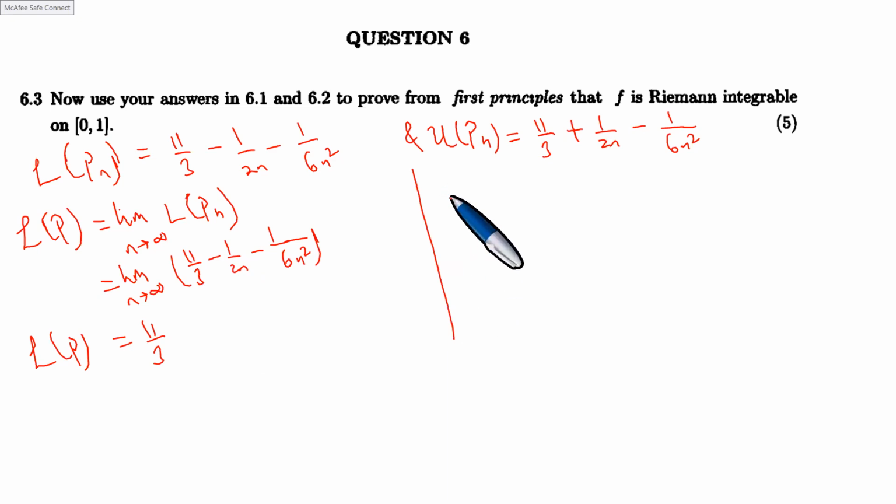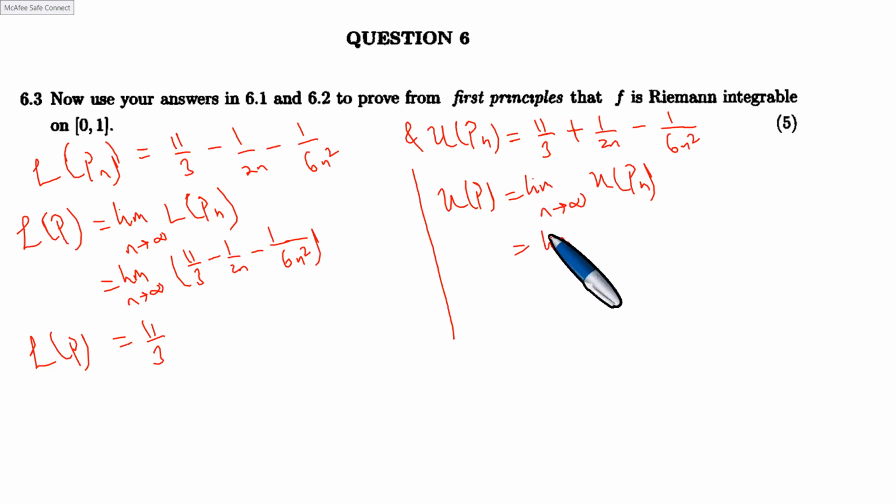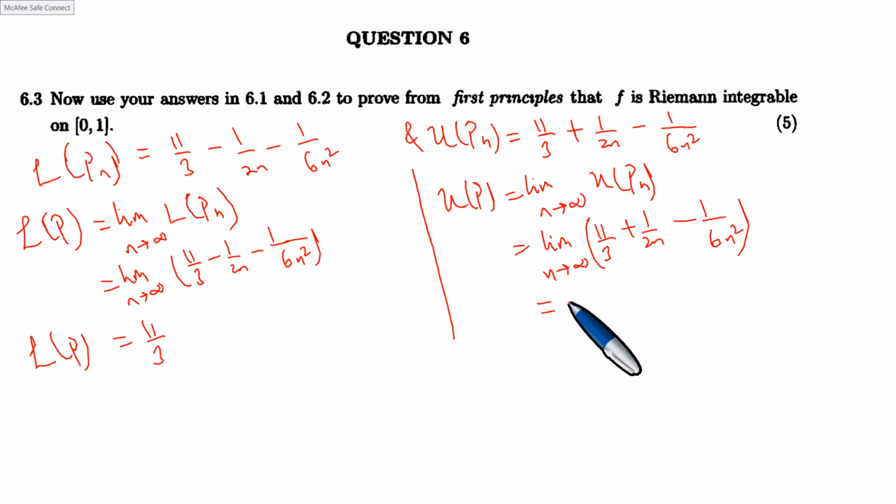But also we can write UP as the limit as n approaches infinity of UPN, which is the limit as n approaches infinity of 11 over 3 plus 1 over 2n minus 1 over 6n squared, which is 11 over 3.